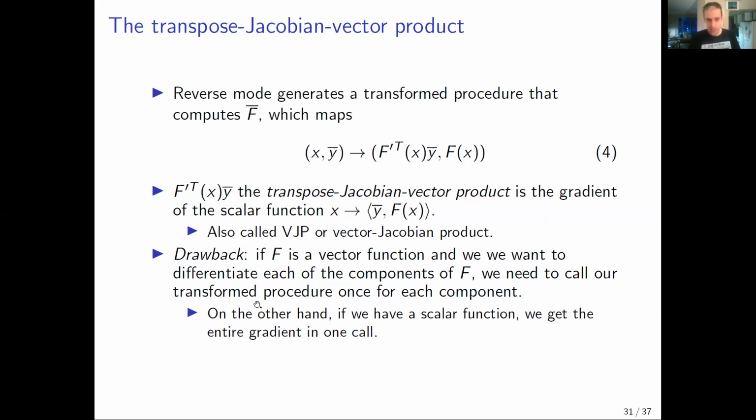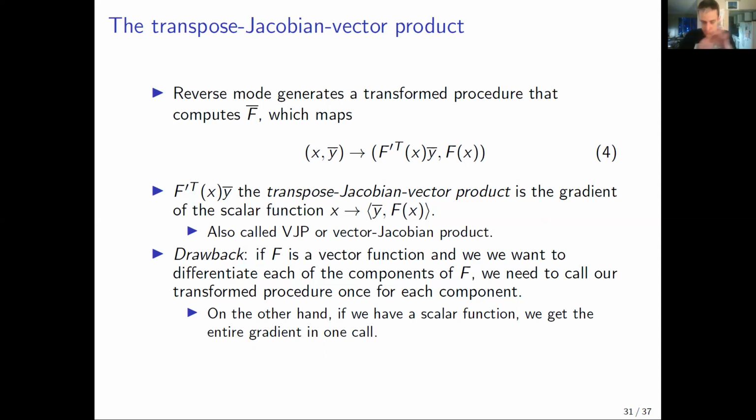And you can see this from this transposed Jacobian vector product approach, because before, the problem with forward mode is we were taking the Jacobian and then we were compressing the inputs. We were multiplying it by a vector on the input side, which meant that we only got one scalar of input derivative information per call.